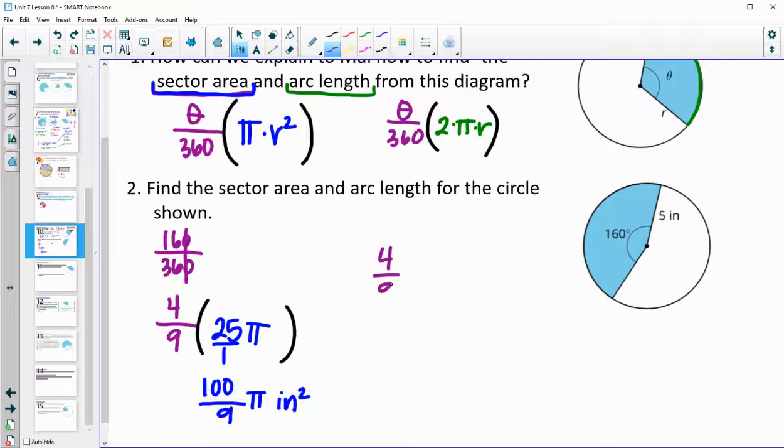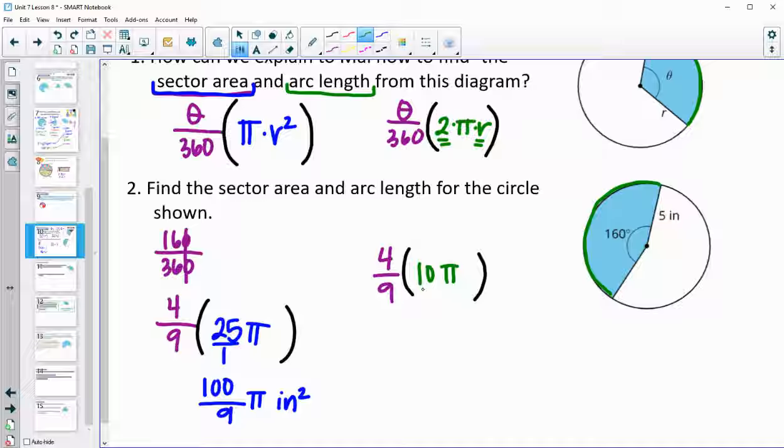Then when we're going to do the arc length, we still have 4/9 of the circle. But this time we have 4/9 of the circumference, not the area, if all we're doing is looking for this arc. So then we would be doing 2 times the radius, which is 10, times pi.